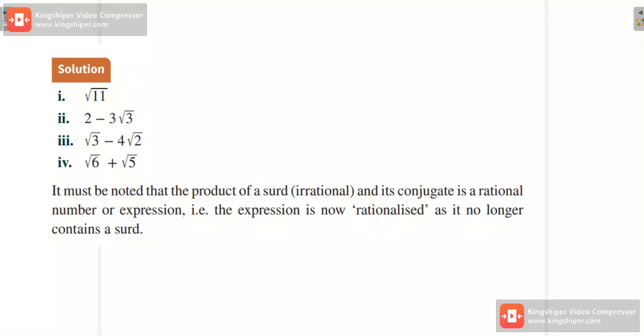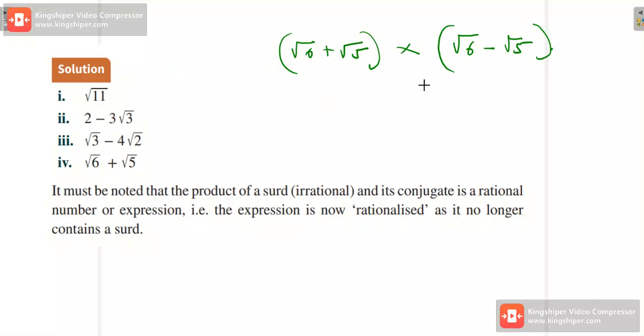Now, what the note means is that if I give you, for example, root of 6 plus root of 5, then its conjugate will be root of 6 minus root of 5. So we are saying that if you multiply a set by its conjugate, the result will no longer be a set, or will no longer be an irrational number.